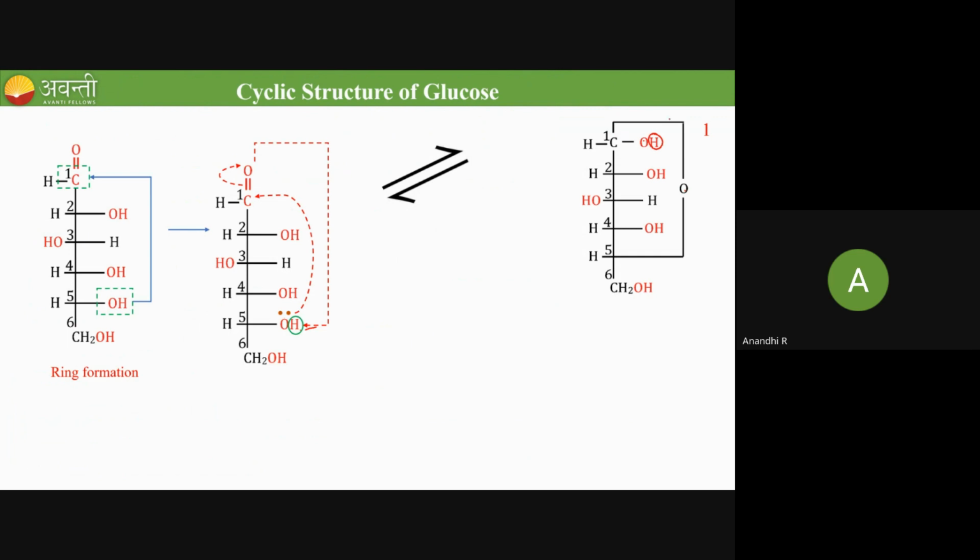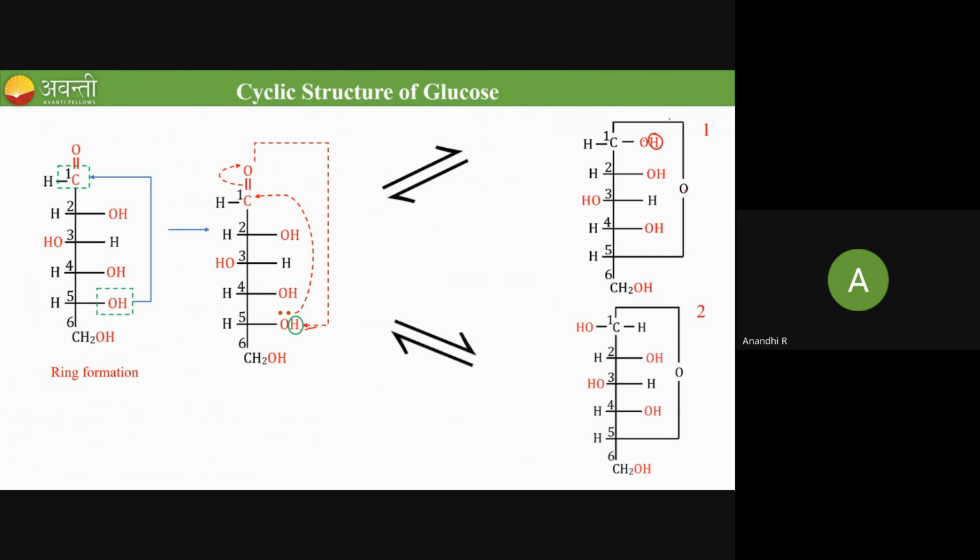So this is the first form, and a ring is formed here. I'll discuss the ring later. And one more structure is also there, that is the second structure. What is the difference between these two structures? In the first structure, the OH group is present on the right side, and in the second structure it is on the left side. The remaining things are the same.